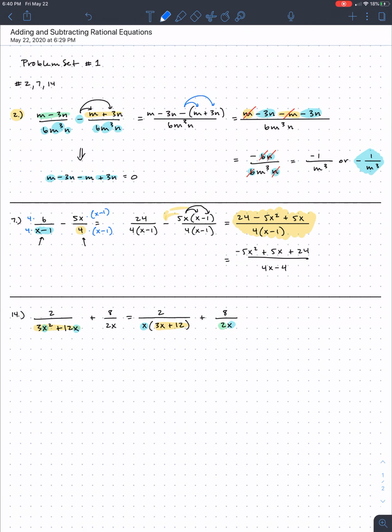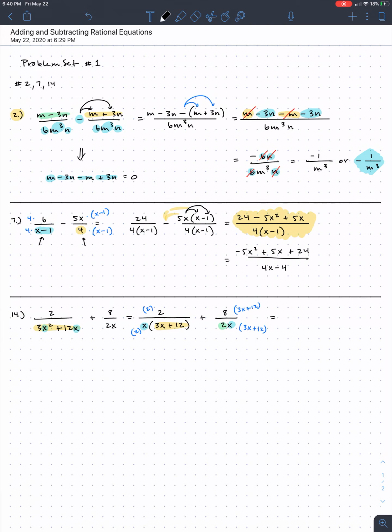So on the right side, this side is going to multiply by 3x plus 12. And my left side, we're going to multiply by 2. So let's simplify that.